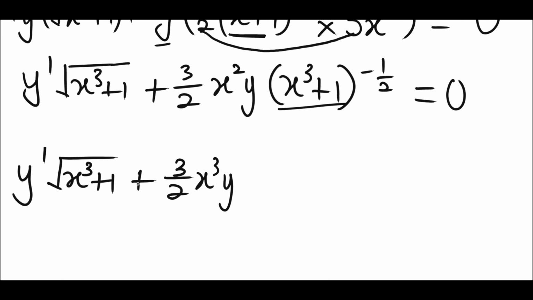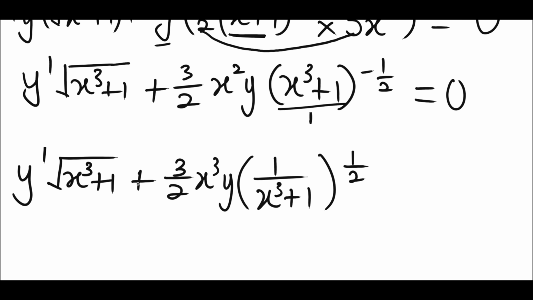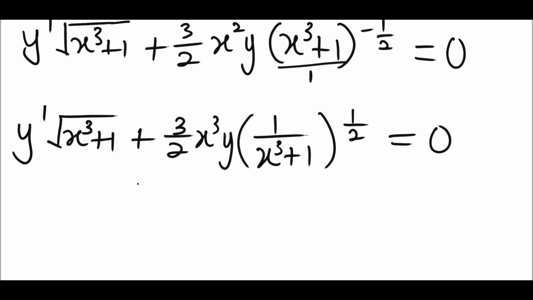It's the same as x cubed plus 1 over 1, so we are going to reciprocate it. It's going to be 1 over x cubed plus 1 in bracket having an exponent of positive half, all equal to 0. All right.